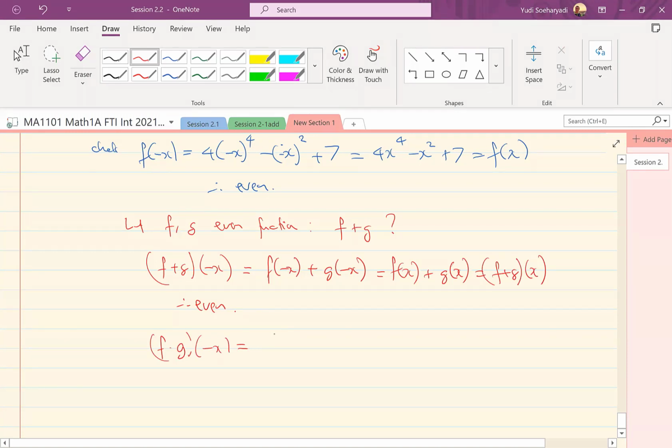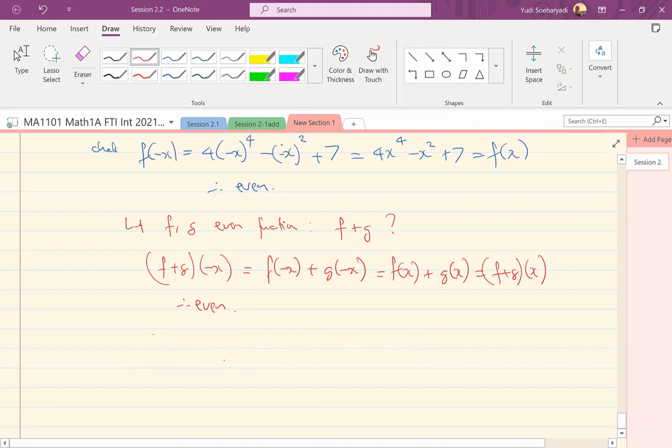So you get, let's see, f of g of negative x. Oh, sorry. This doesn't mean composition.